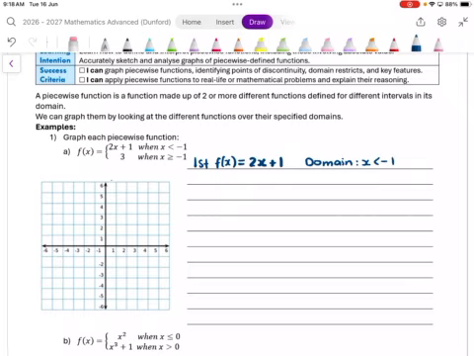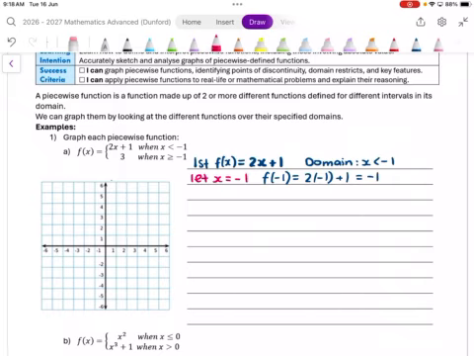So what we can do is, starting at negative 1, we can find out what that value is. We can substitute in, so let x equal negative 1, and we will then have f of negative 1 is equal to 2 lots of negative 1 plus 1, and that is equal to negative 1.